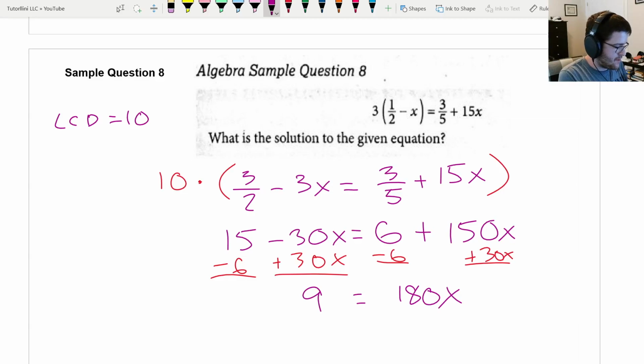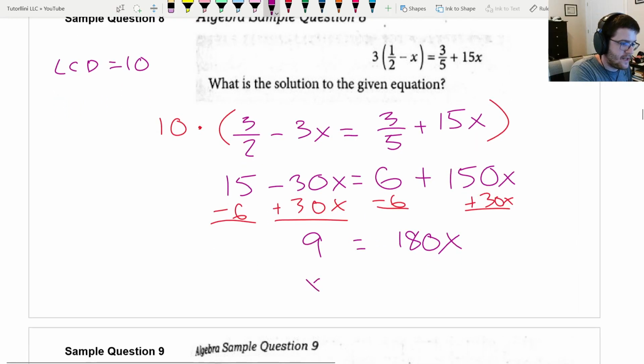So now I'm going to divide both sides by 180. We can just do this on a calculator, and I get x equals 0.05.